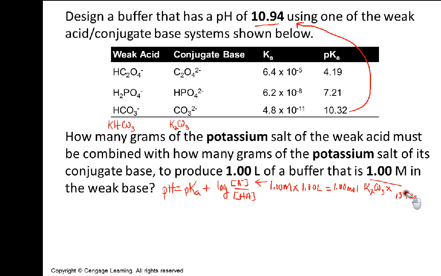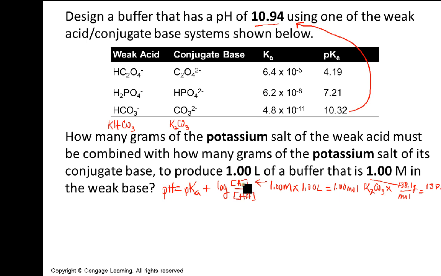We can easily erase that. We want our moles to cancel out, so it's 138.1 grams per mole, and that gives us 138 grams to 3 significant figures of the weak base that we need to weigh out.